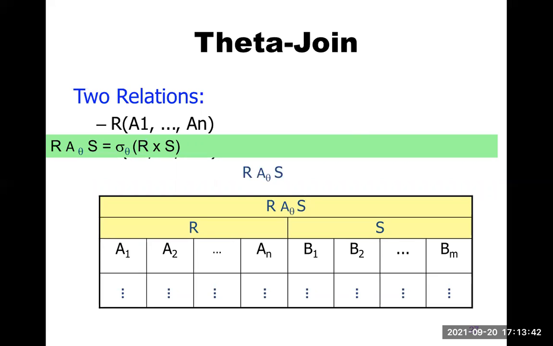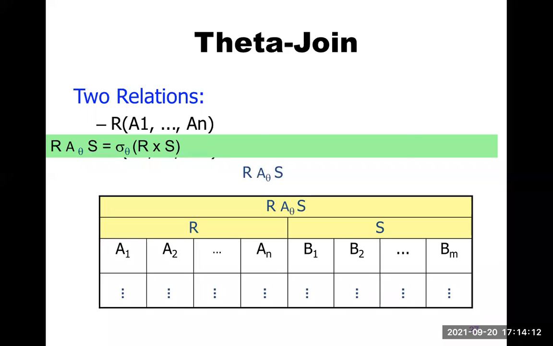But the common case of join is called theta join, and theta join is a join over a condition. So we say R join with a condition, and the result of this join is Cartesian product and selection over this condition. So we need to provide conditions, what to compare and how to compare.